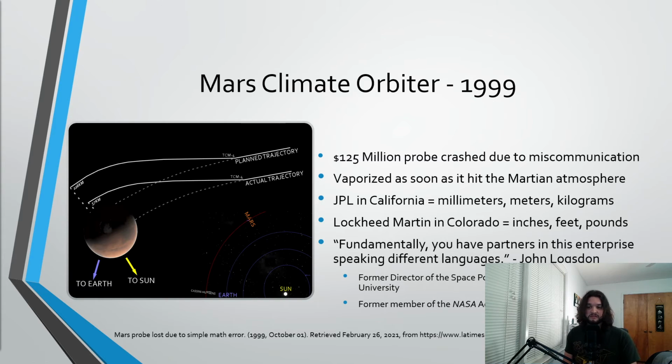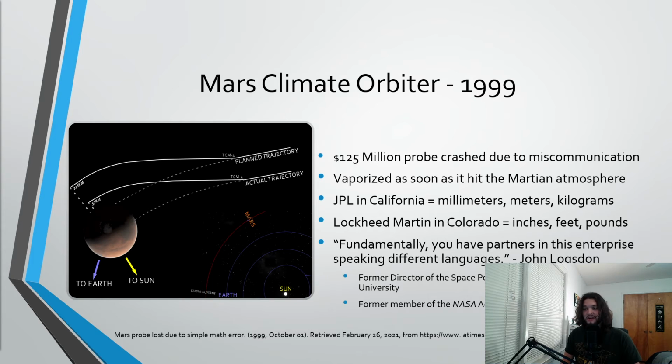Use your different units. That's all good. The problem was the miscommunication. Somebody forgot to mention it, or they didn't notice that there were two different systems of measurement. And it resulted in the complete catastrophic loss of the vehicle, which is bad.